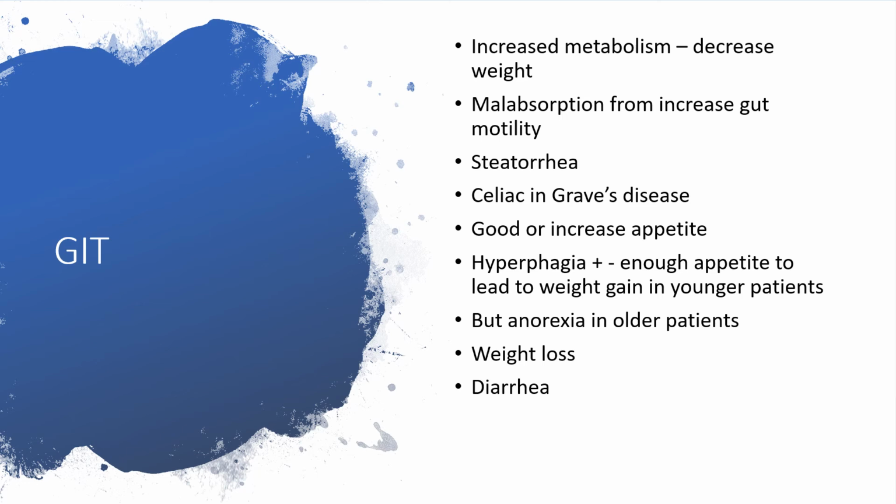So in older patients, they will have increased metabolism, malabsorption, with or without celiac disease, they will have anorexia. And they will have more unintentional weight loss compared to younger patients. And of course, diarrhea, opposite of constipation in hypothyroidism.